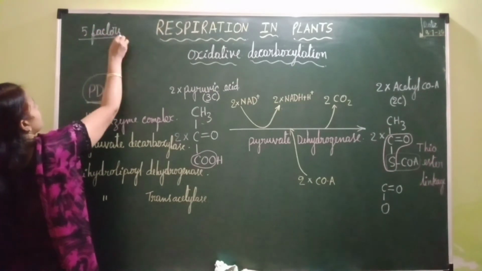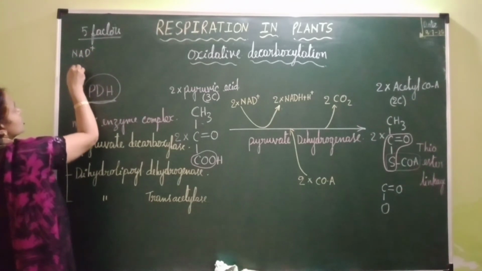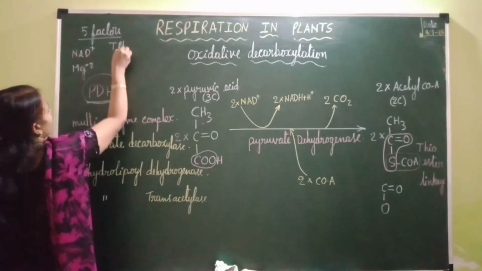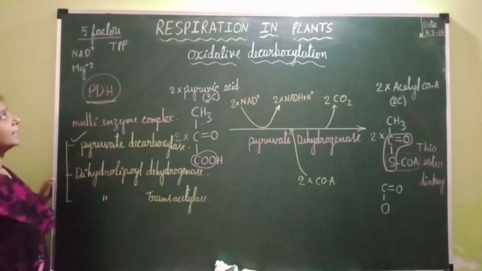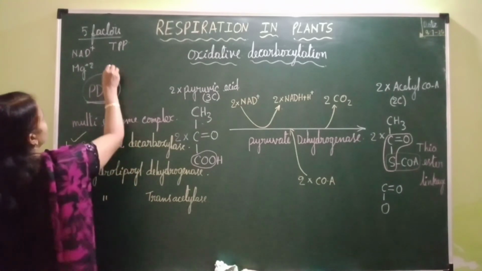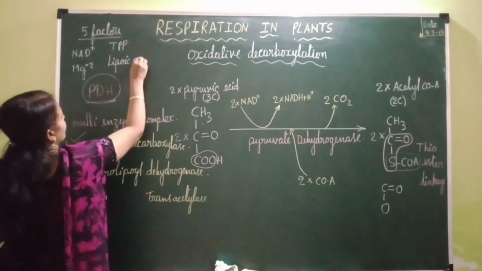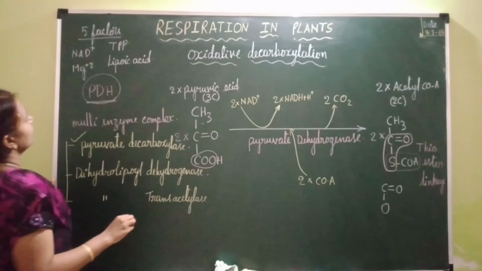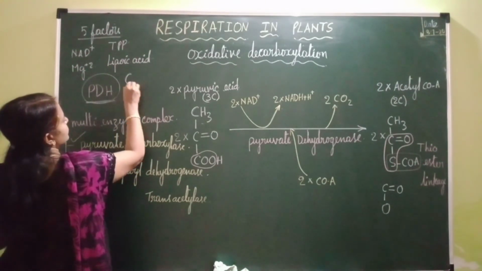These five factors are NAD+, Mg+2, TPP, thiamine pyrophosphate, lipoic acid, and coenzyme A. NAD+ is nicotinamide adenine dinucleotide, and Mg+2 is magnesium ions.